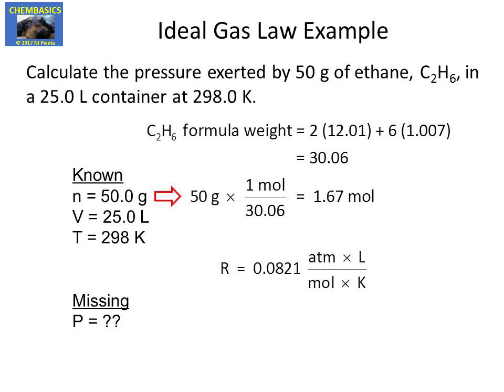Then if we want to convert 50 grams, we multiply 50 grams times the unit conversion factor. 1 mole is 30.06 grams for C2H6, and that turns out to be 1.67 moles. Now we have all of our values, n, V, T, in the units that match the constant R, and we can simply plug into the PV equals nRT equation and solve for P.